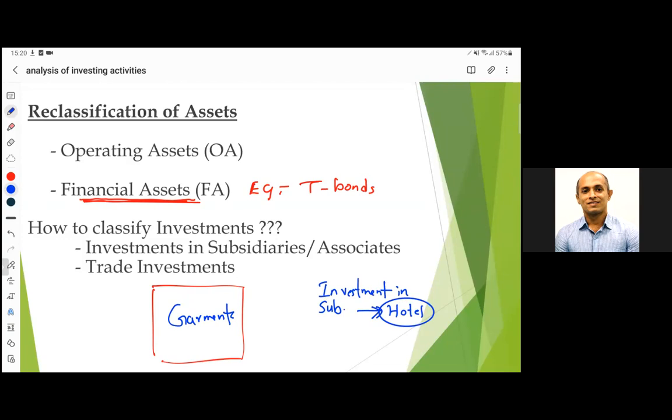Now you see, this investment is not related to your main business. Your operations are mainly manufacturing and exporting garments. But you have an investment in a subsidiary which does hotel business. This operation is not related to your main operation.